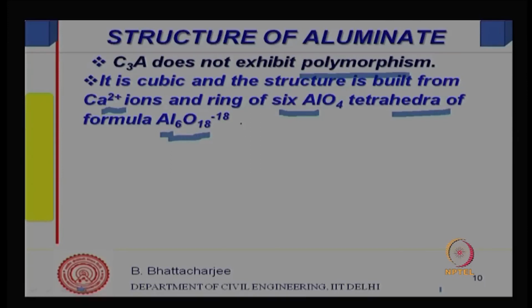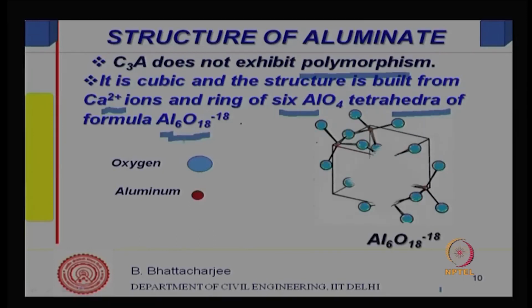If this is oxygen and aluminum, the Al6O18 ring is something like this. The oxygen is connected to aluminum, and there should be 6 of them: 6 Al with O18 connected in this manner, forming Al6O18.